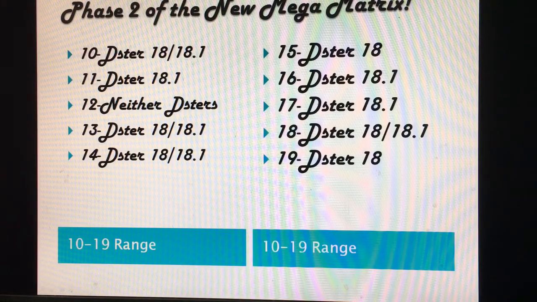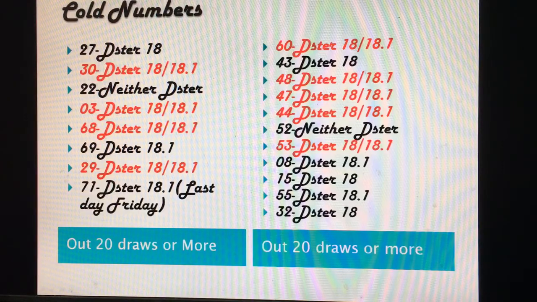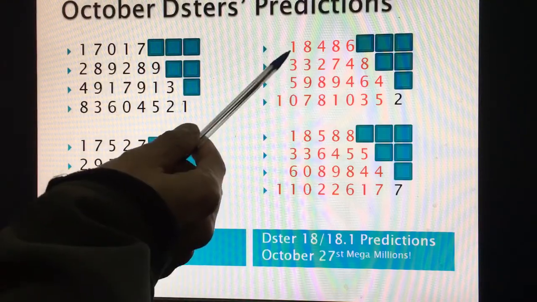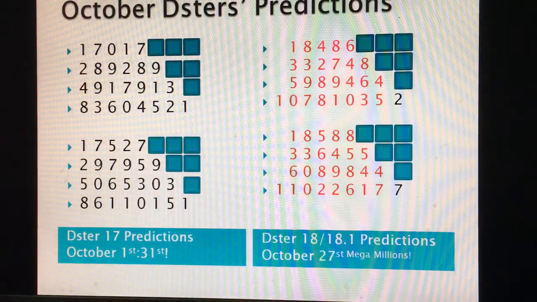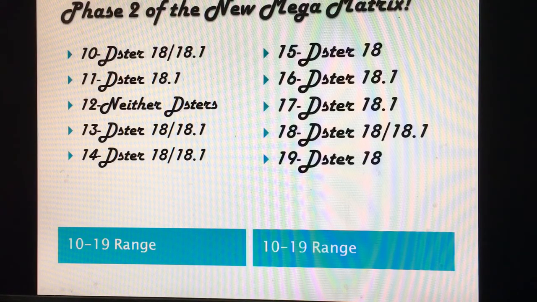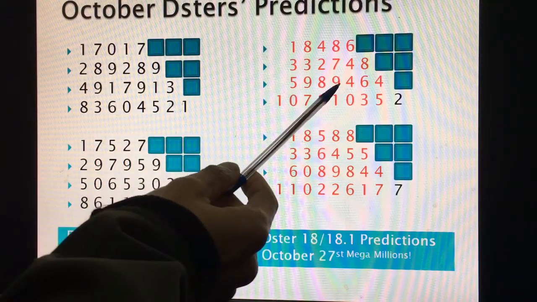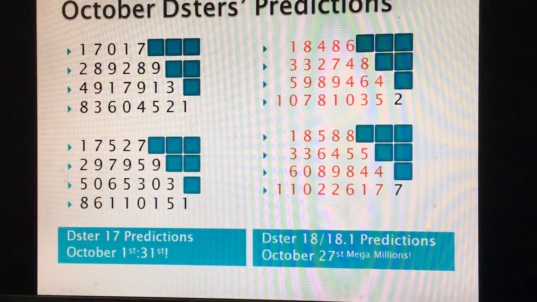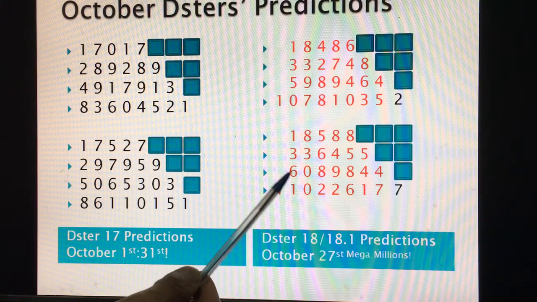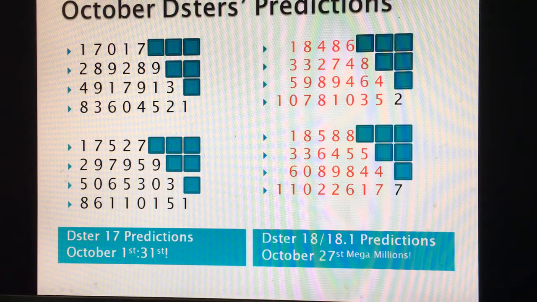And 12 is not on any of the D-Stars. 13 is on both D-Stars, from set 1 to set 2. And 14 is on both D-Stars also, from third line to fourth line on D-Star 18, and also on third line to fourth line on D-Star 18.1.